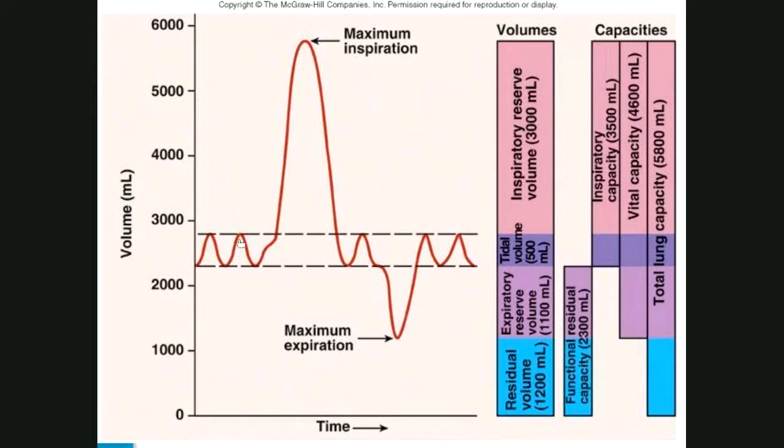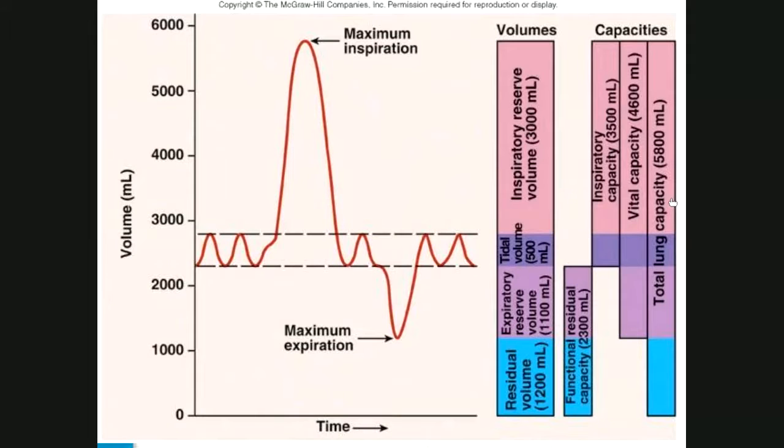If I tell you what is the amount of air inside the lung after maximum inspiration, then you need to know it is including all these: 1, 2, 3, 4. So this is the total lung capacity. The amount of air inside the lungs after maximum inspiration is the total lung capacity.